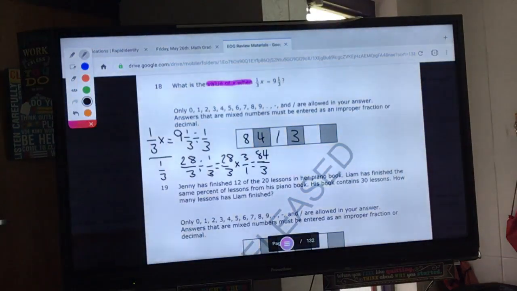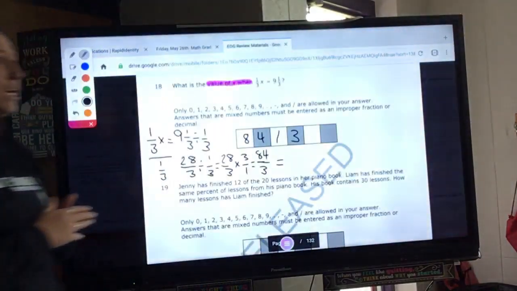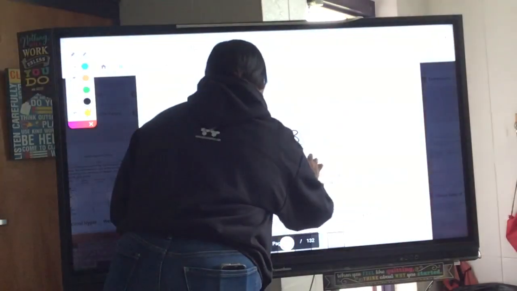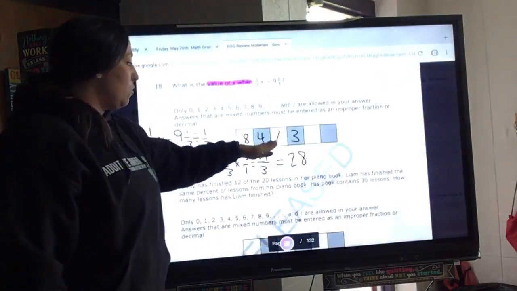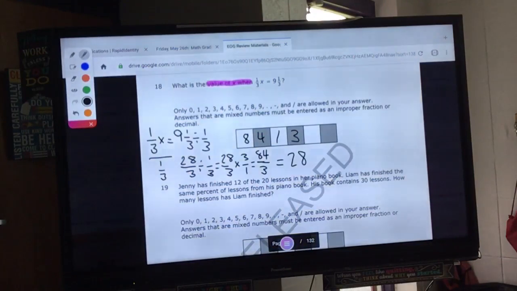Now, if I change this back to a mixed number, what do I end up getting? So when I do 84 divided by 3, what do I get? 28.